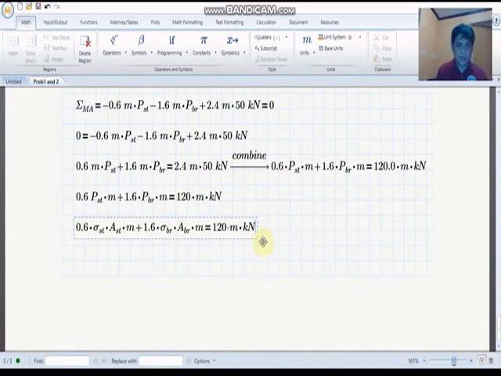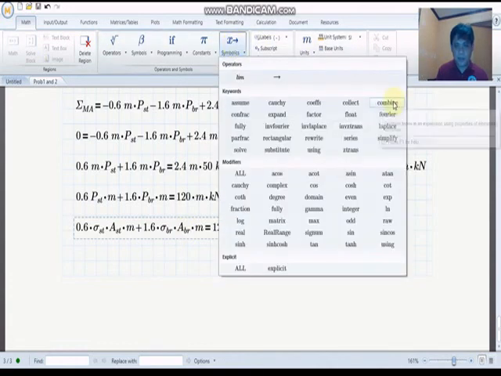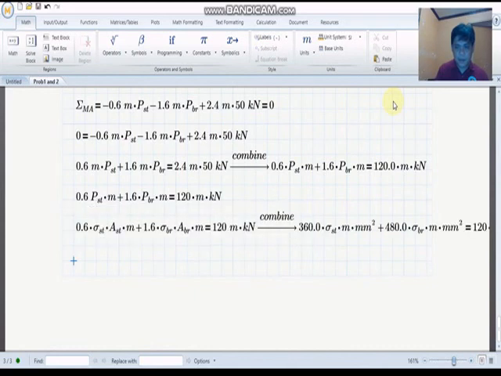Okay, and then since we also have the value of the area, we can further simplify this one.